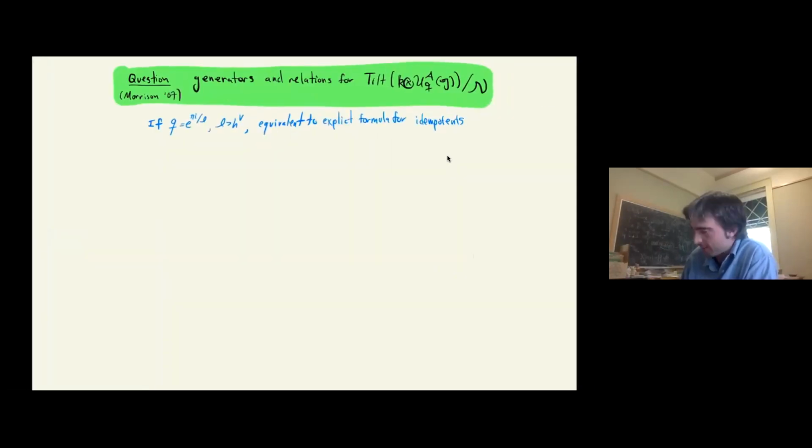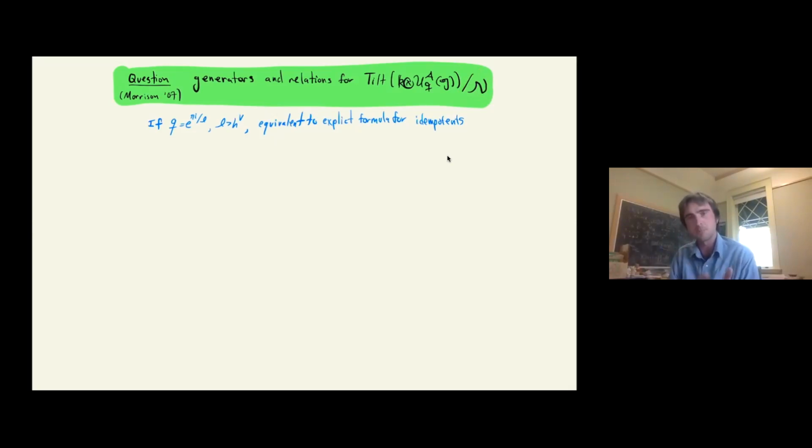I'm out of time, but let me say something short about one other question. Morrison, in his thesis, was saying we could try to study generators and relations not just for the category of tilting modules or the category of representations, but for this semi-simple quotient of the category of tilting modules, which is a fusion categories, modular categories thing.